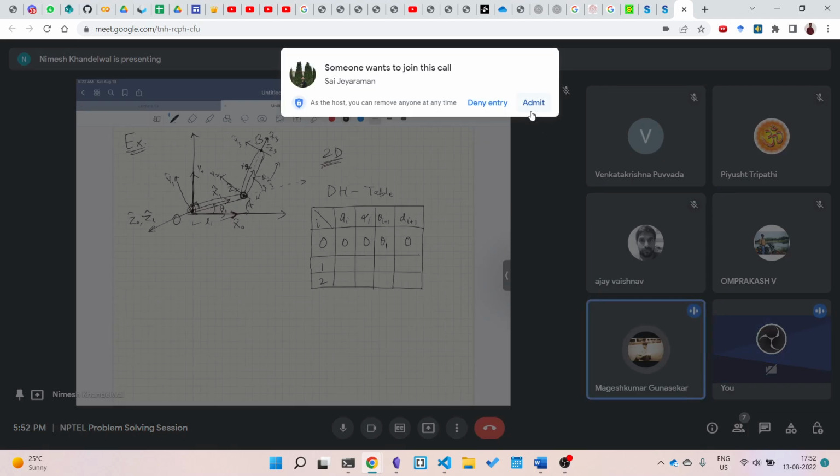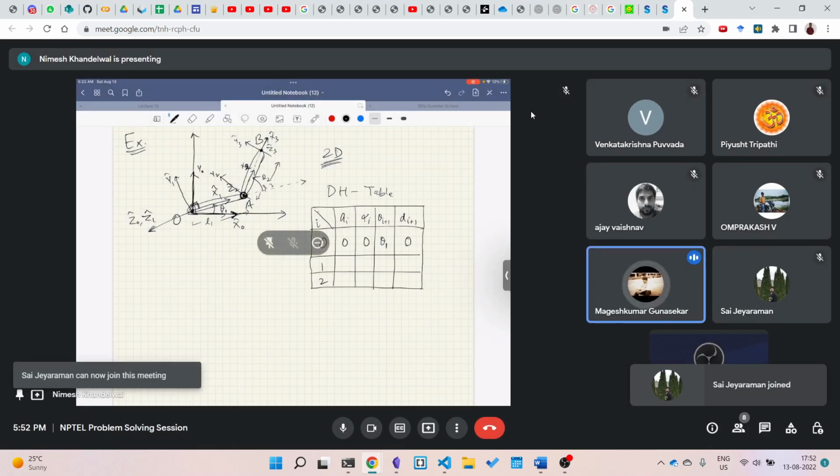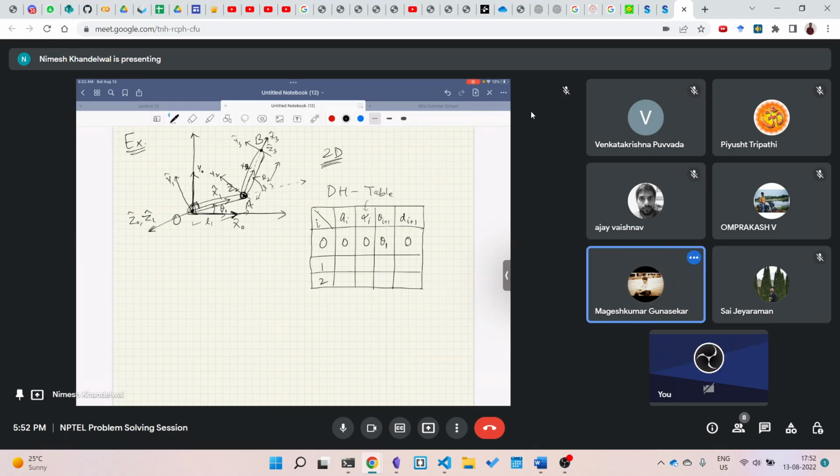You can also remember that this d_i is called the link offset, and this alpha_i is called the link twist. Link twist means that if the z axes of the respective joints at one link are not aligned in the same direction, if they have a twist in them, that is a very crude way of saying what twist is.